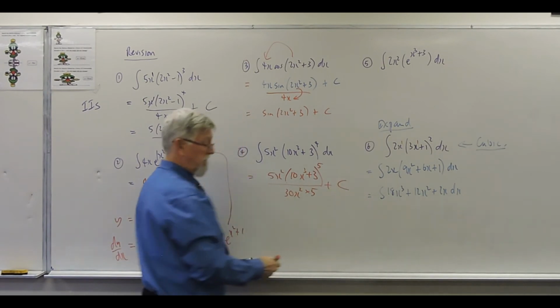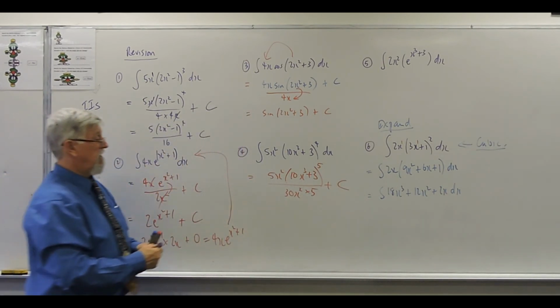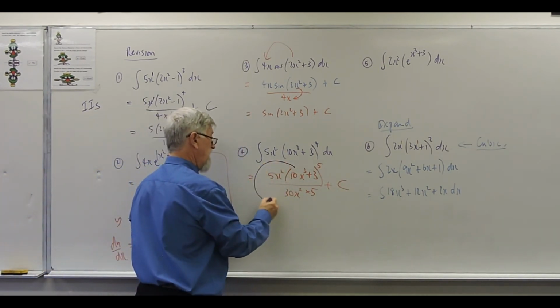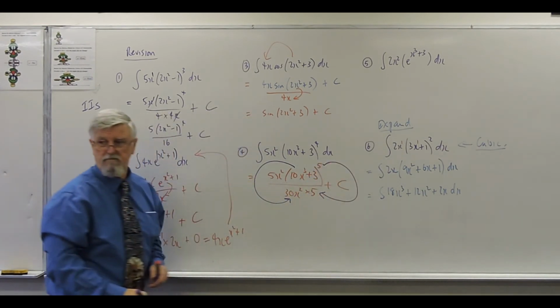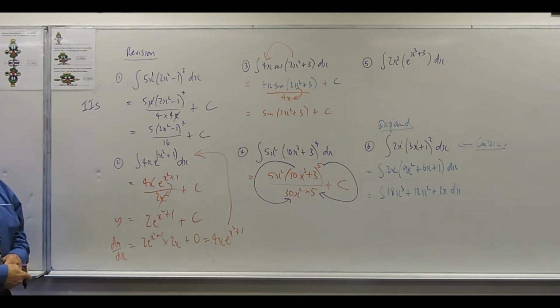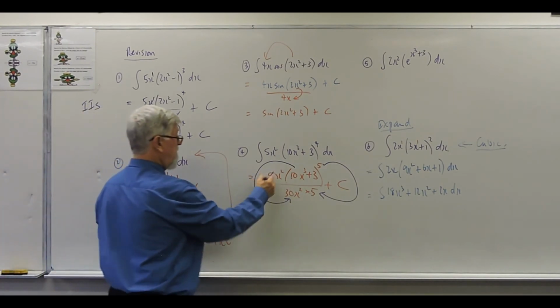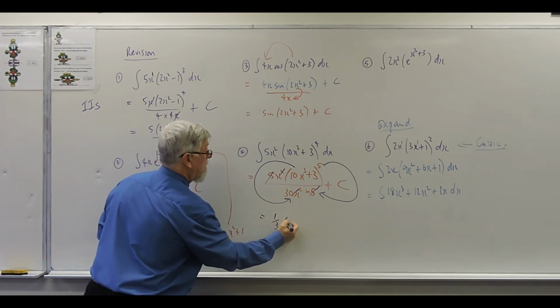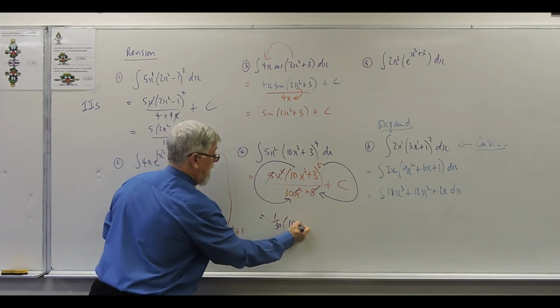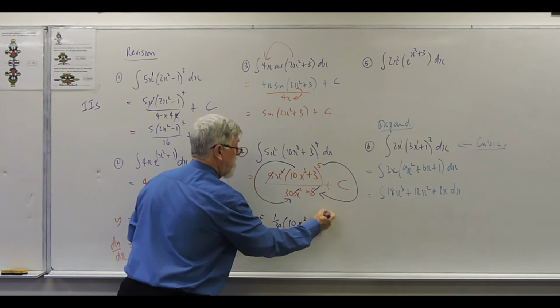Oh, it's 5 of them. Don't forget the plus c. So I divide by the derivative of that, and I divide by the power. You see it in your head, then you tidy it up. 5 cancels, x squared cancels, and I've got 1/30 of 10x cubed plus 3 to the 5, plus c.